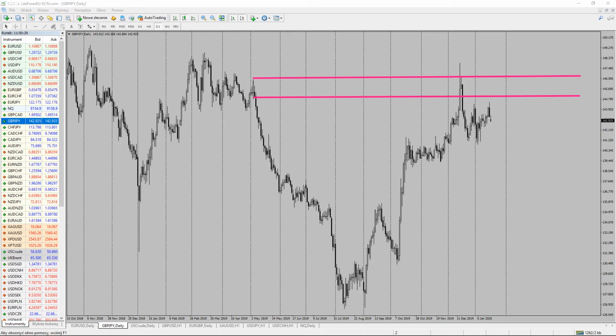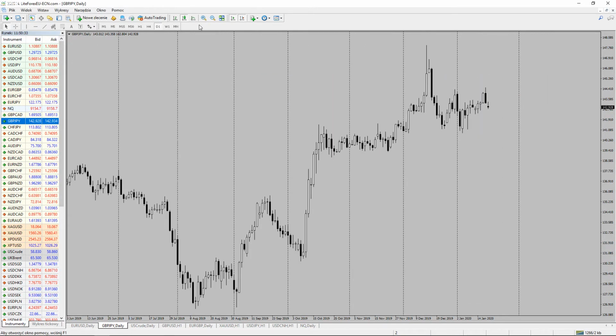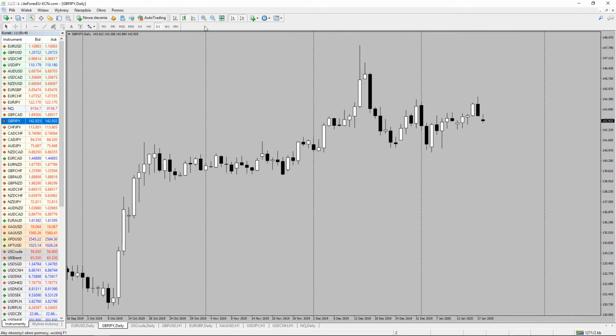Now, I also see some levels a bit lower. The first one is preparation for the eventual swing high. In that case, I'm talking about the levels close to 144.40, 144.50.